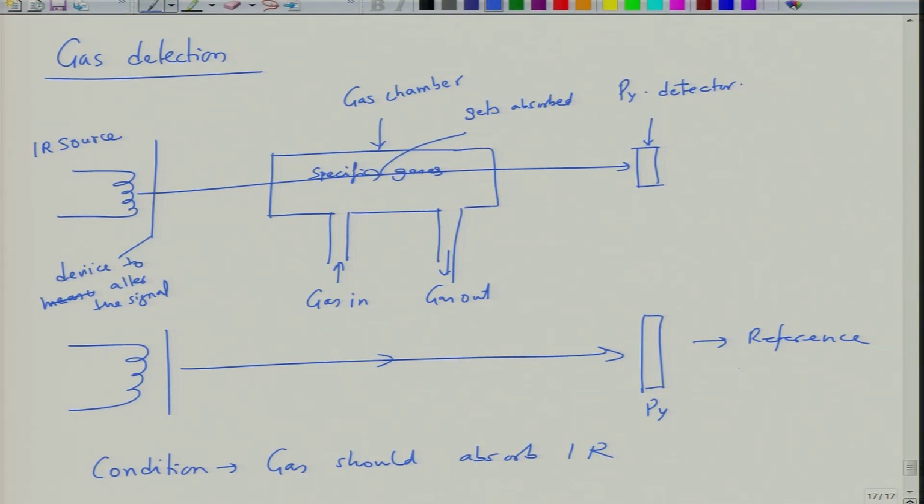So correspondingly you will have a voltage with respect to a reference, and then you will have a V naught prime which is different from the reference depending on the absorption, and correspondingly you can calculate the concentration. So this is basically used for pollutant kind of gases which absorb IR, like carbon dioxide and so on, which are pollutants.